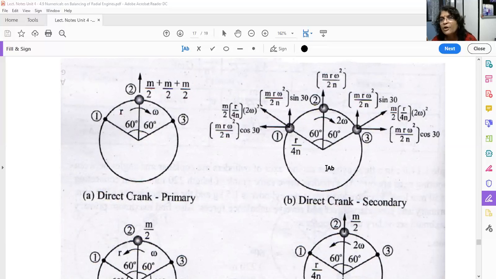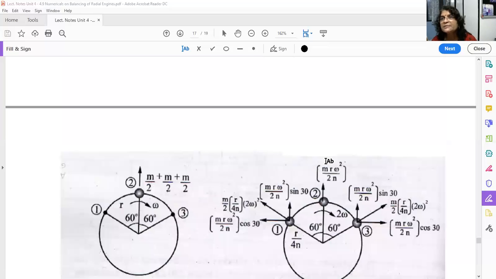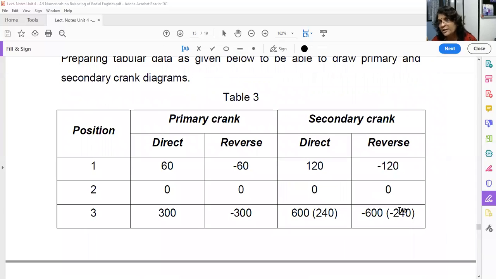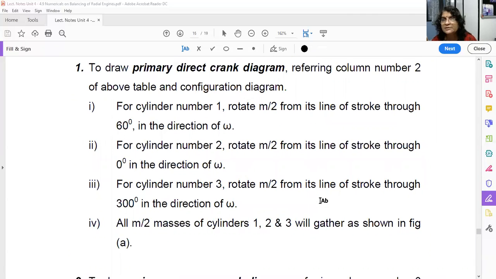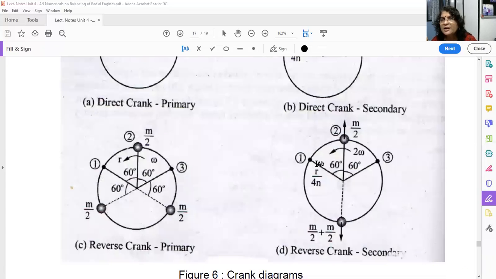Now you have to draw secondary reverse crank diagram. What are the angles? See here, 120 and 240 in the opposite direction, that is anti-clockwise. So this is your line of stroke of cylinder number 1, 2, 3.